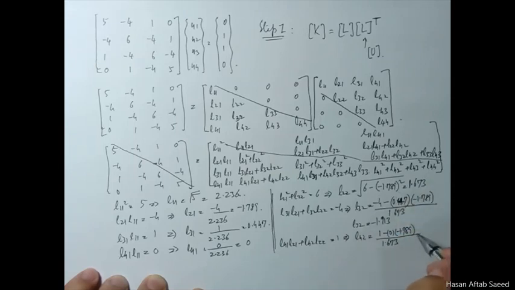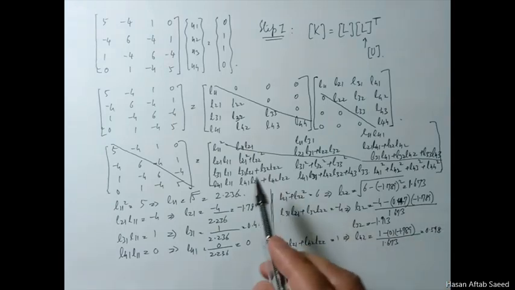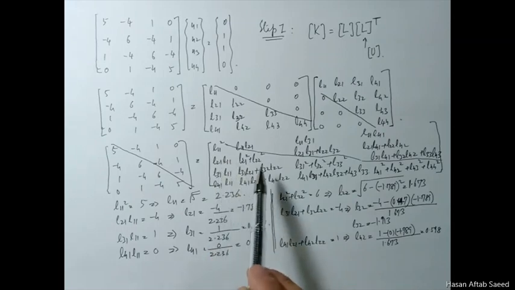Again a pattern develops, except for the diagonal term. This is again a pattern, and the diagonal terms themselves will have a pattern. This turns out to be 0.598. So we have done 1, 2, 3, 4, 5, 6, 7. We need to do 2 more, and then our step 1 will be over.